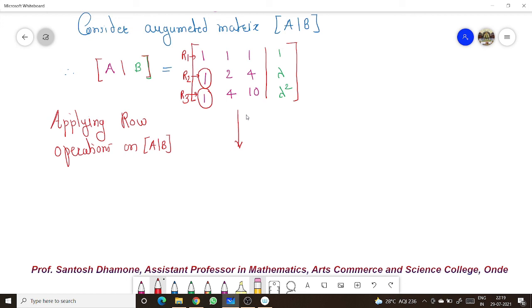For lambda equal to 5 the rank of matrix A is 2, and for mu equal to 9 the rank of the augmented matrix AB is also 2. Therefore, for an infinite solution, mu is equal to 9 and lambda is equal to 5. This is the required solution.